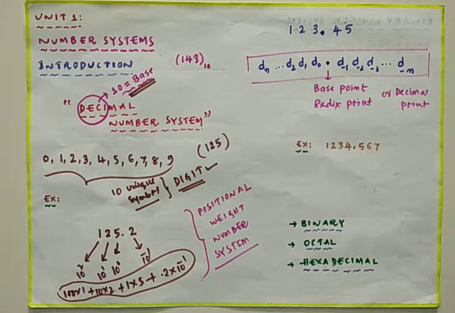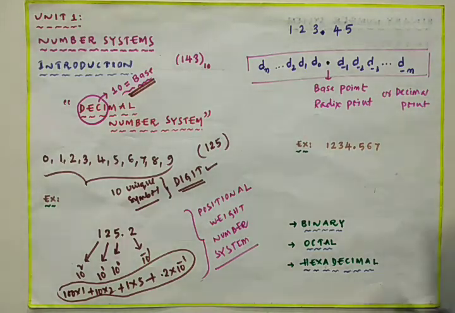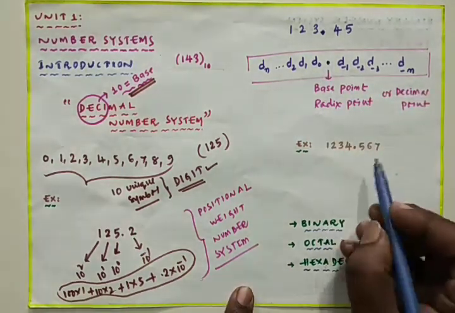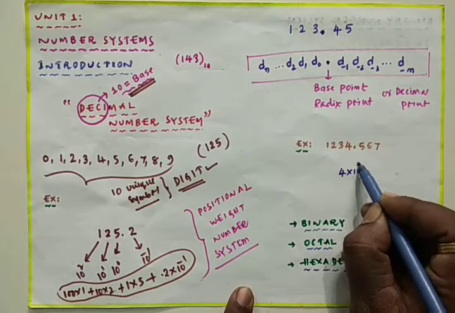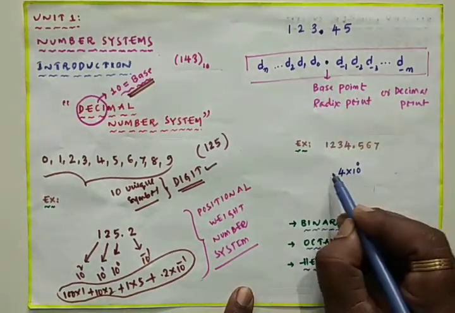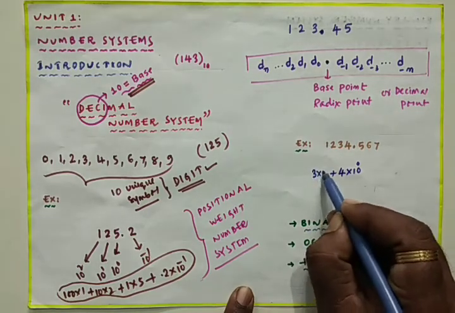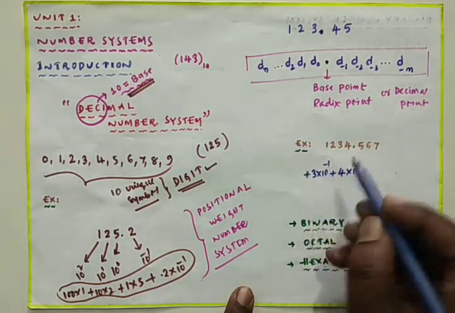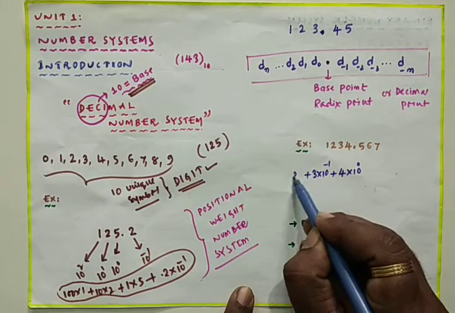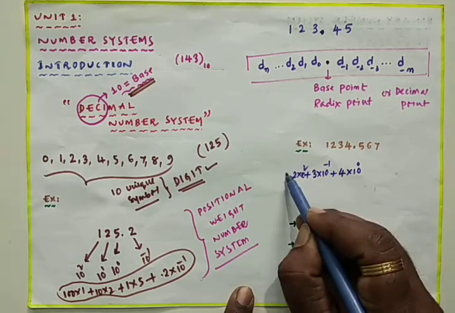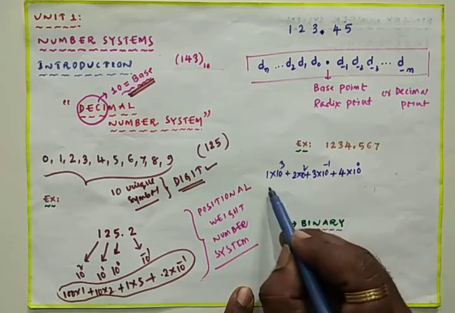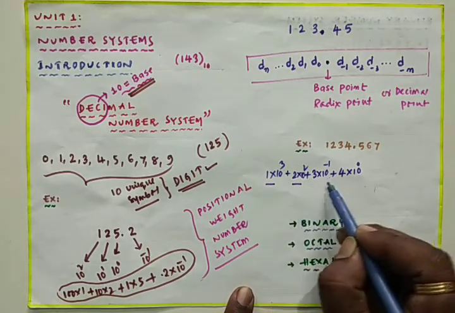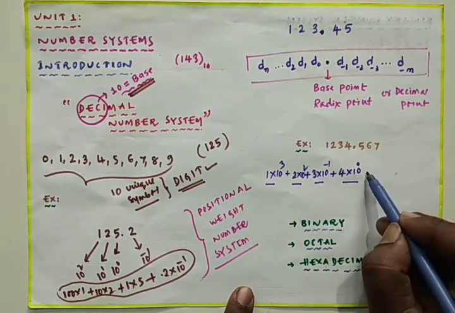Likewise we can go with the decimal number system. Based on this, you can represent it as 4 into 10 power of 0, plus 3 into 10 power of 1, plus 2 into 10 power of 2, plus 1 into 10 power of 3. This is thousands, this is hundreds, this is tens, and this is units.